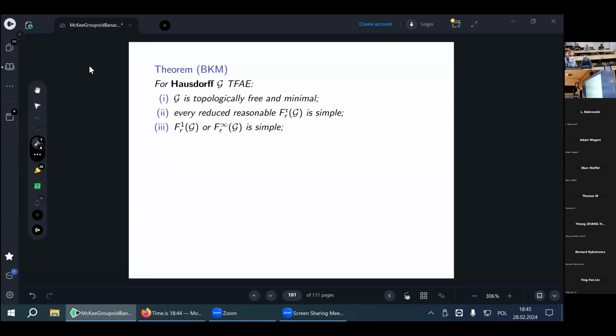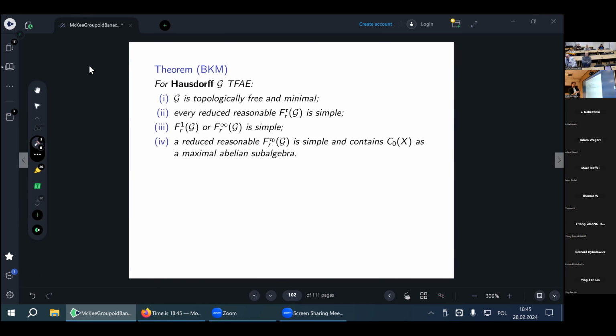To go back to one, we need something where we can get our hands on a representation of something. So I've written here F1 or F infinity is simple. If you just want one algebra, you can do it.